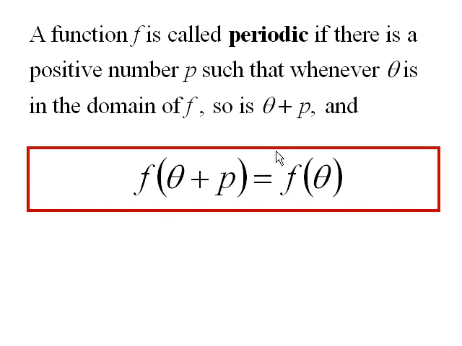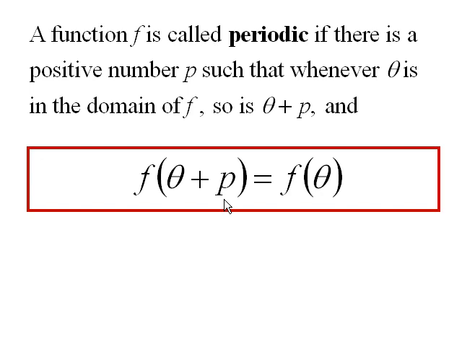You specify what the period is, say value p, then when you go p units further on from a value of the function, going those p units further on steps you through a sequence of values back to the value you had before you started that step. So f of theta plus p matches what you had before you shifted it by that distance p. f of theta plus p matches f of theta.